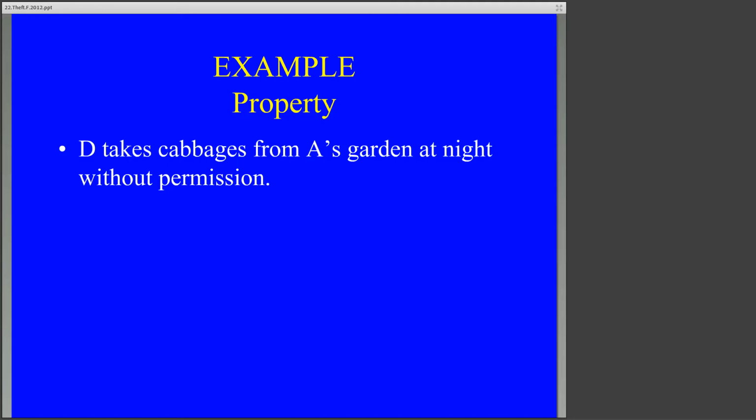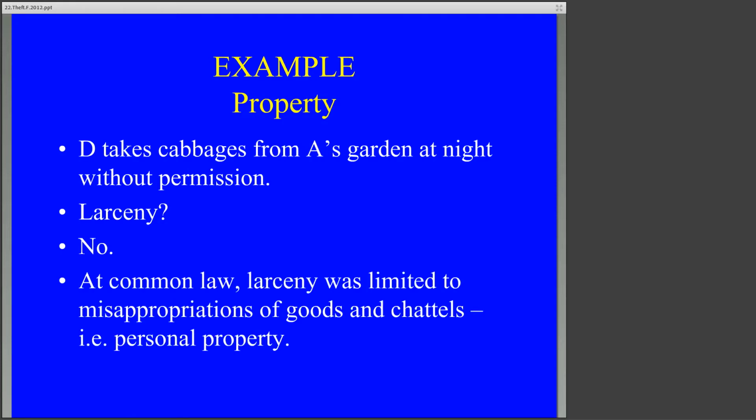Here's another example. D takes cabbages from A's garden at night without permission. Is that larceny? The person goes to the garden at night, severs the cabbages, and takes them. What do you think? No. Why not? Why was that act of going to a garden at night not larceny?